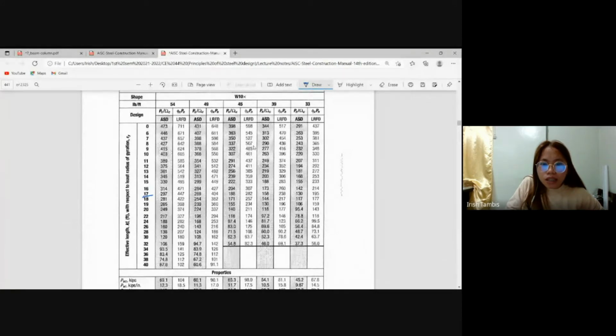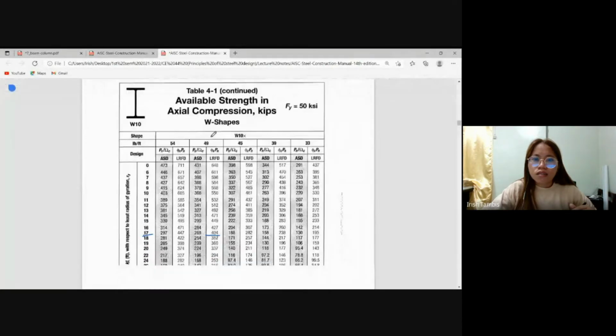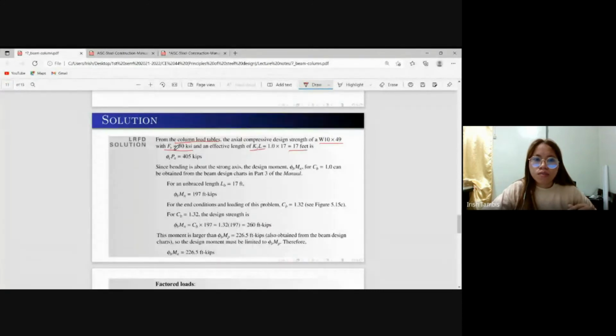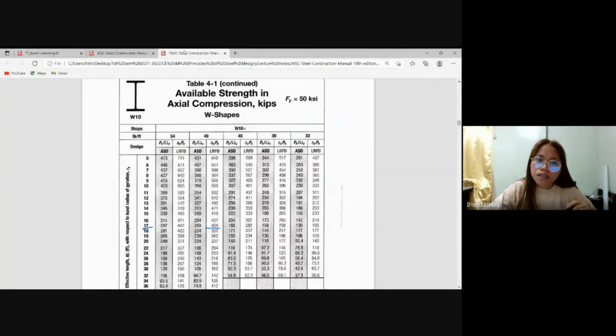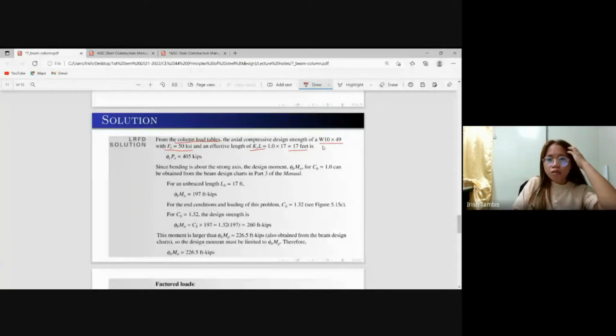For LRFD, this is 404 kilopounds. 405. Okay, asan siya gikan? W10 by 49.